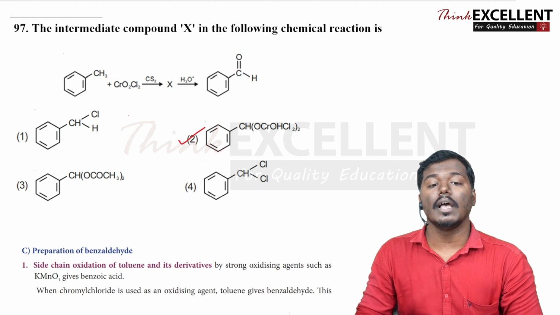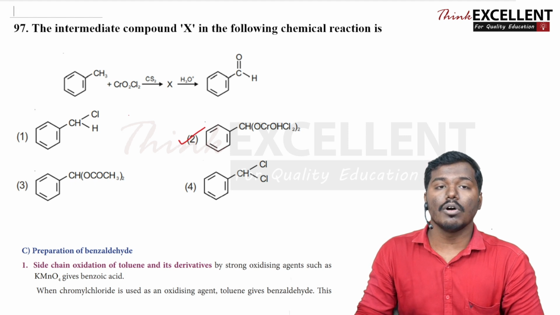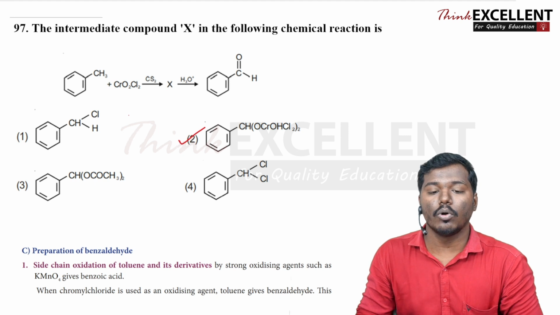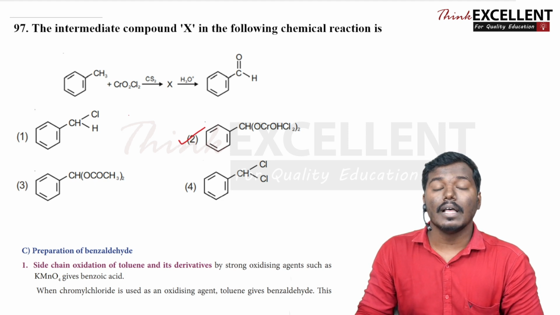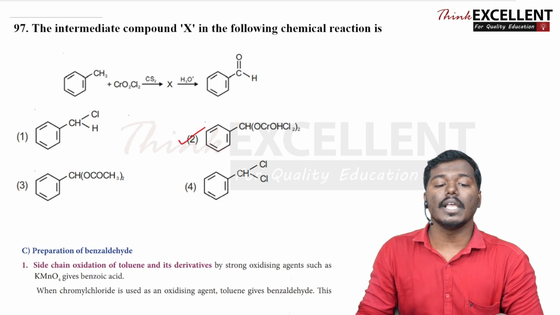You can see that they have given a reaction, that is methyl benzene or toluene, when it is reacting with chromyl chloride CrO2Cl2 in presence of carbon disulfide, it is forming X, or an intermediate compound form ஆகுது. After the acid hydrolysis it is forming benzaldehyde. Okay, so the intermediate compound X என்னதுன்னு கண்டுபிடிக்கணும்.